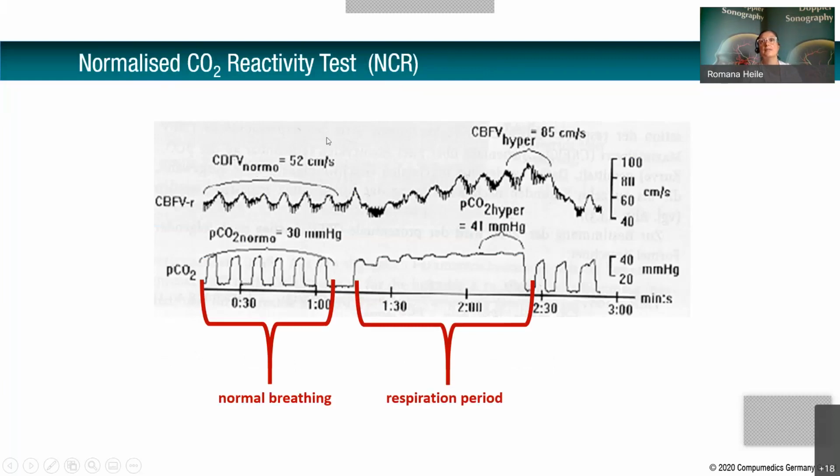Here you can see an example from one of the literature books. We have the cerebral blood flow. We have normocapnia. We are selecting a couple of normal cycles, and a couple of cycles from the steady state of hypercapnia. Then we are using our measurement tool and getting a result.